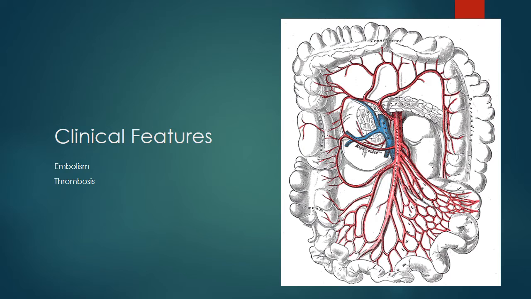Oftentimes, the development of mesenteric ischemia is the first clue to the presence of a bacterial endocarditis. But in the cases where patients are known to have endocarditis, the risk of emboli occurs within the first 4 weeks of initiation of therapy.